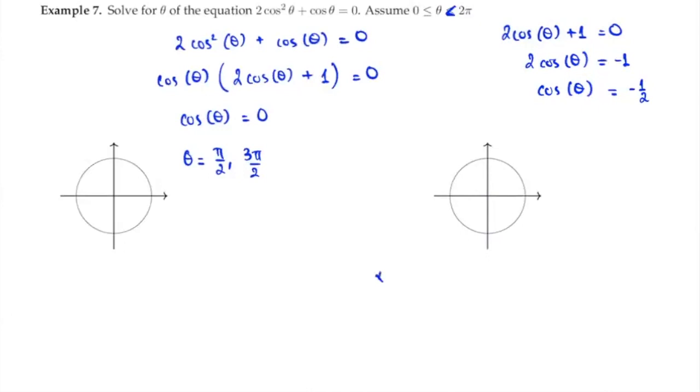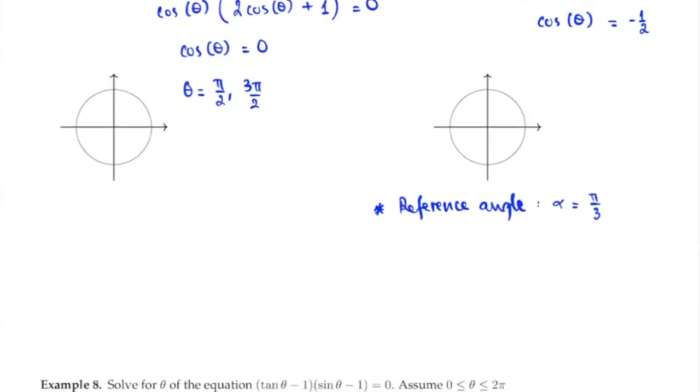And the reference angle should be alpha equal to pi over 3.